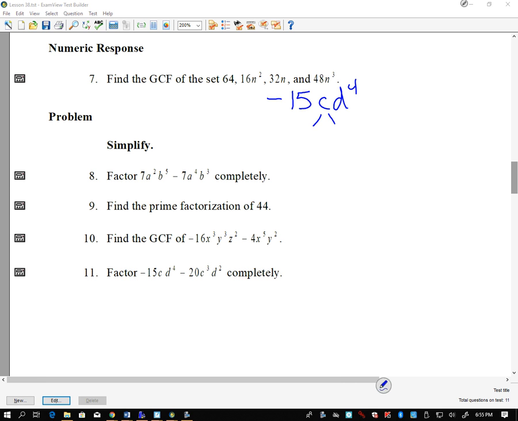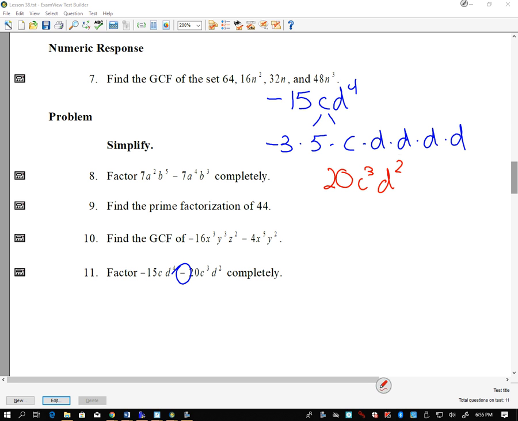Negative 3, 5 times c times d times d times d times d. We're not going to even consider that, that's part of the operation. So we're going to look at 20 c cubed d squared.